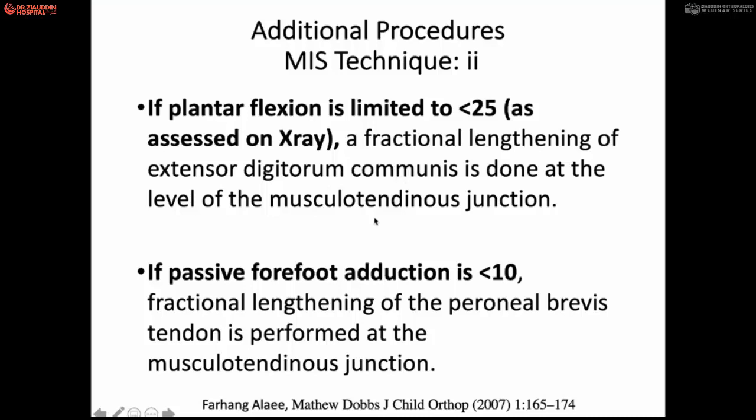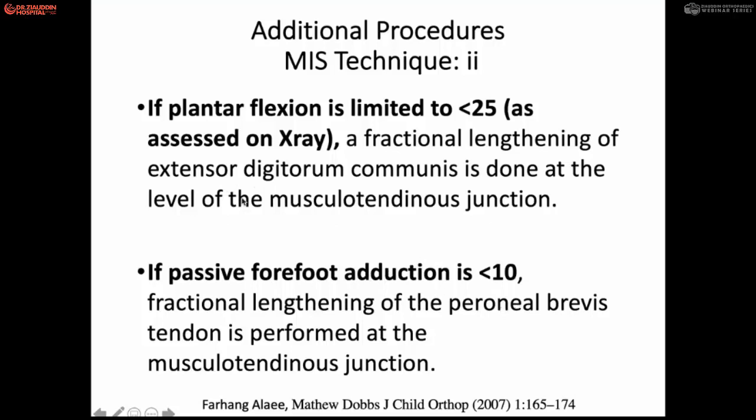And even after this, sometimes you find resistant cases, or when the forefoot adduction is less than 10 degrees, it is not going to 0 degrees, then you also need a fractional lengthening of the peroneal tendons, because these are the structures which are tight on the dorsolateral surface.